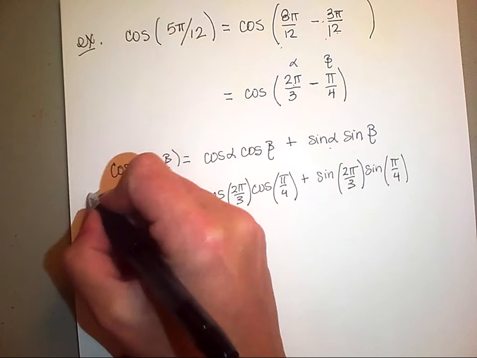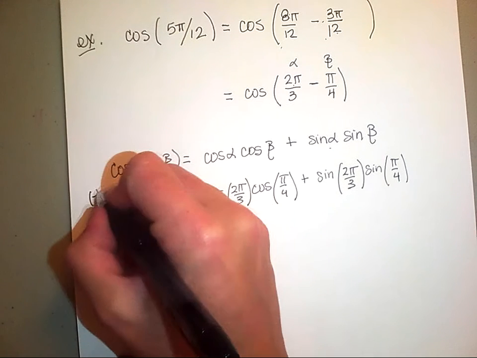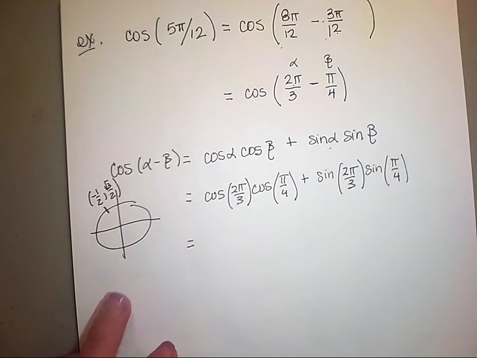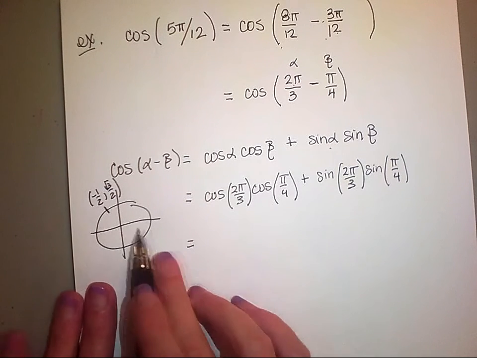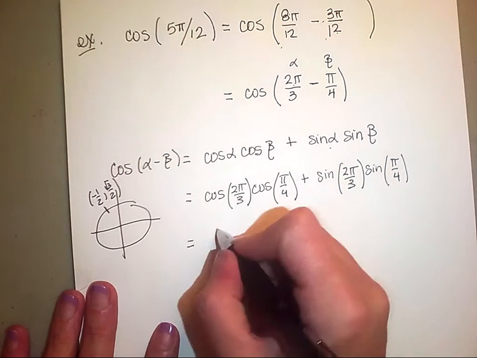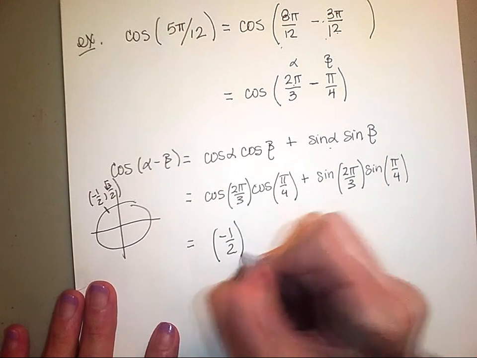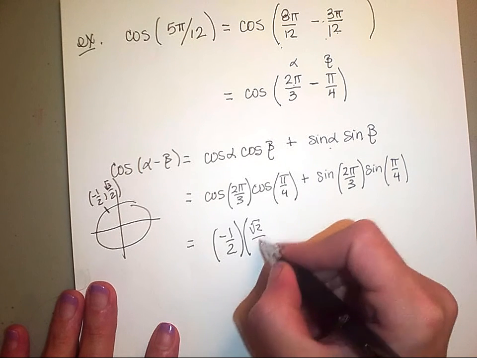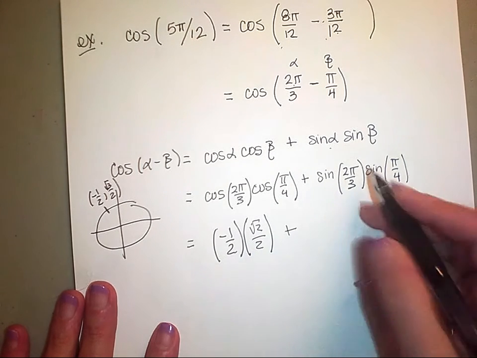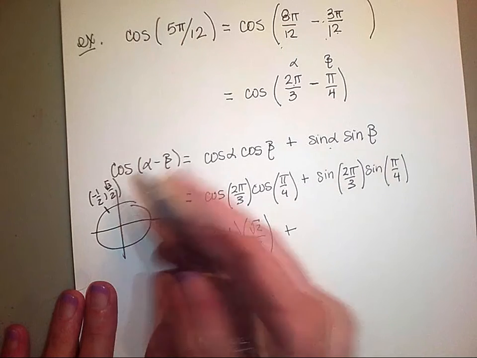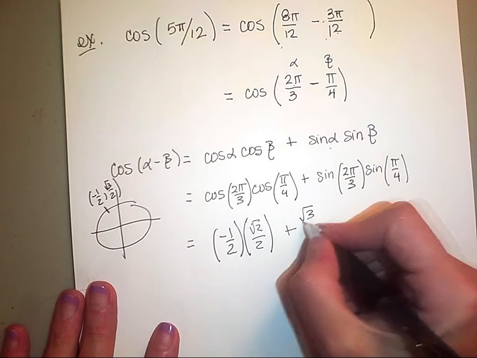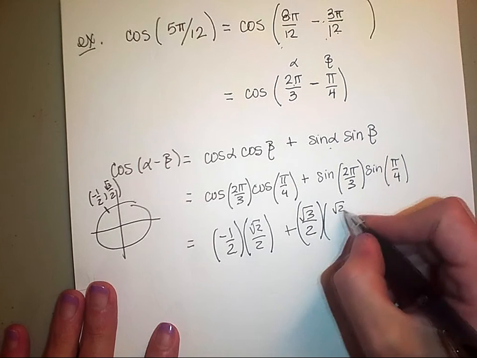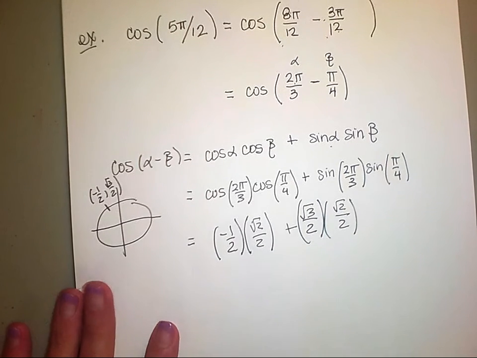Now the cosine of 2 pi over 3, so this is pi over 3, this is 2 pi over 3. So I'm at negative 1/2, positive square root of 3 over 2. So the cosine of 2 pi over 3 is negative 1/2. The cosine of pi over 4 is root 2 over 2, plus the sine of 2 pi over 3, which is square root of 3 over 2, and the sine of pi over 4, which is root 2 over 2.